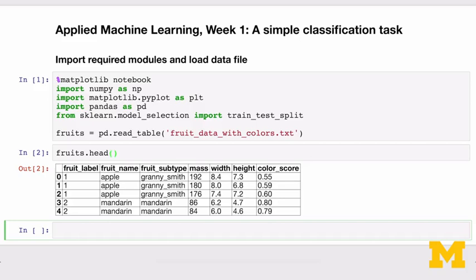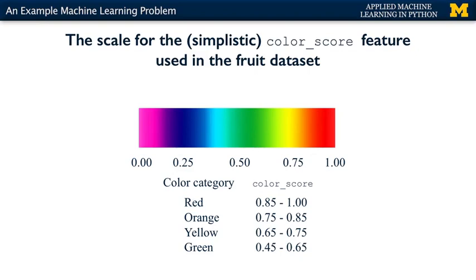After that, the features in this representation include measurements for each fruit that capture its mass in grams and its width and height in centimeters. And finally, there's a feature stored in a column called color score that's meant to be a single number that captures a rough idea of the color of the fruit. So in a real system, this would actually be something more sophisticated, like a histogram of the distribution of colors, or maybe the pixels from an actual image or video of the fruit.